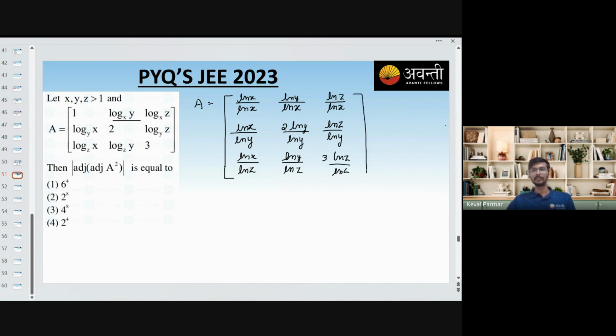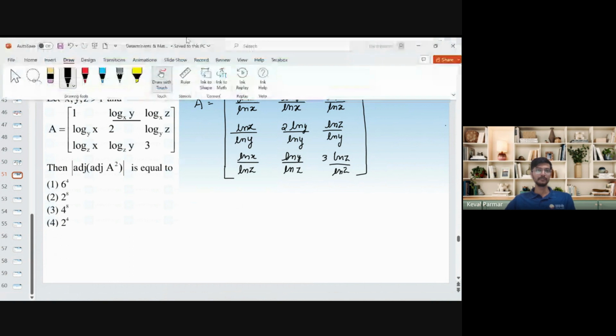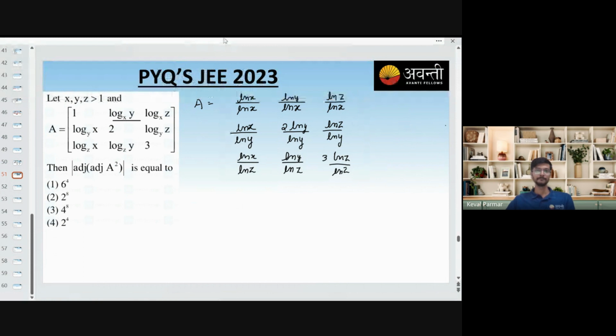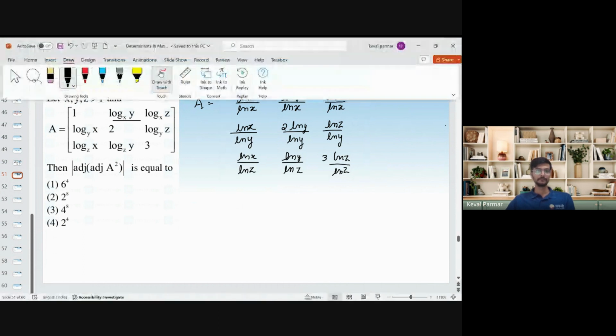Now, sorry, we have to find the value of the determinant. So it should be determinant, right, guys?